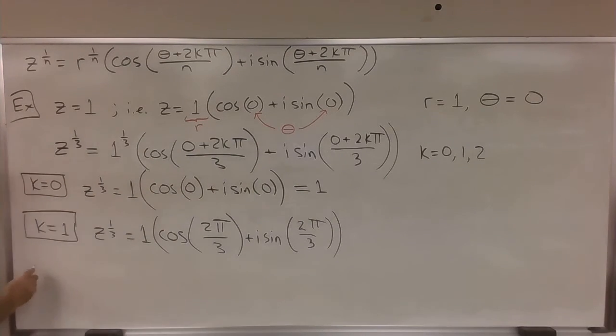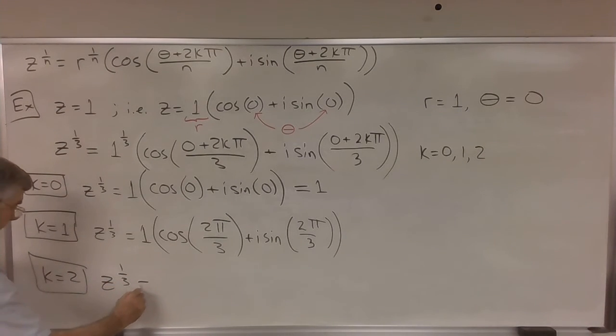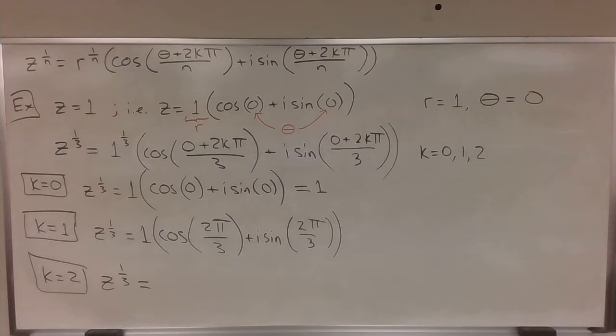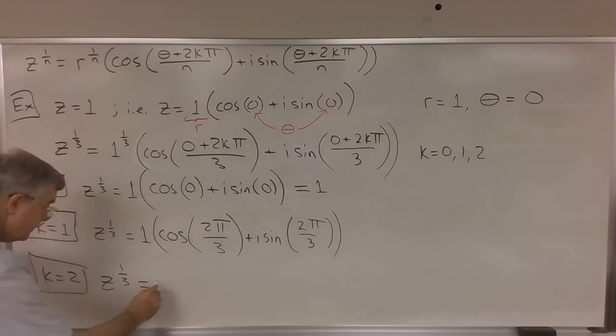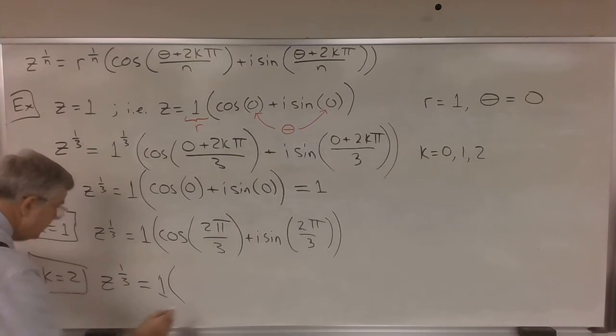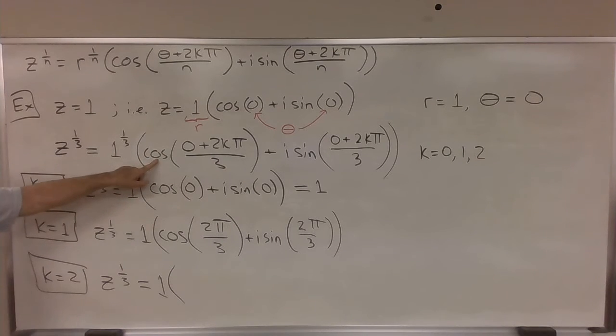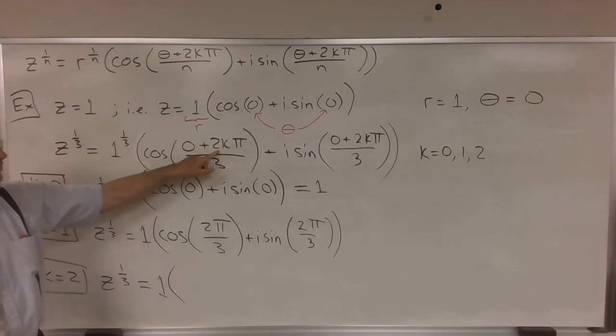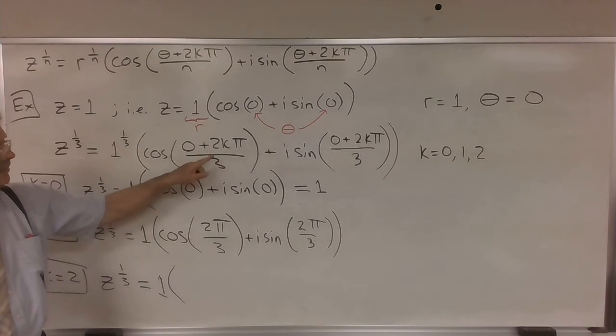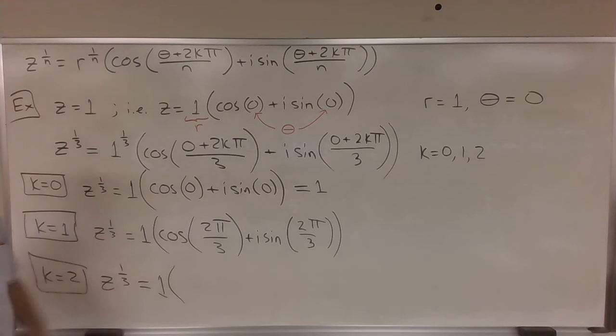I don't know why I was thinking that I wanted to put it in some other form. Polar form is good. Let k equal 2. So we have our modulus 1 to the 1/3 times cosine of 0 plus 2 times k, which is 2, times pi. So that's 4 pi over 3.